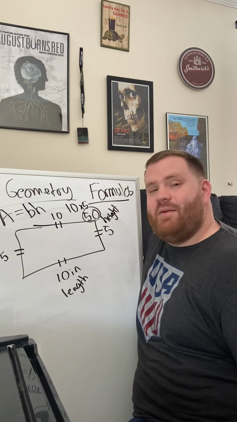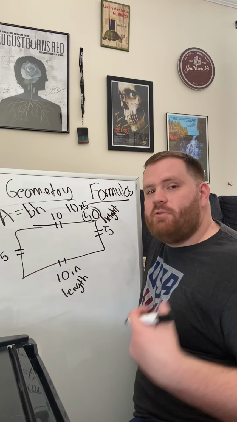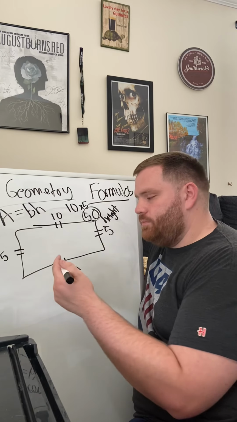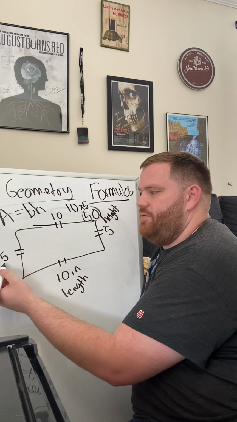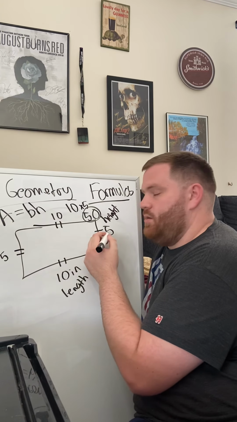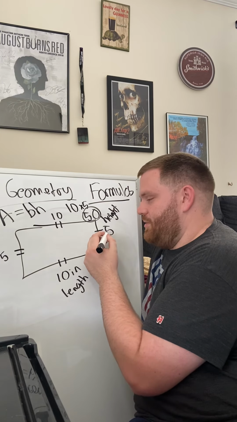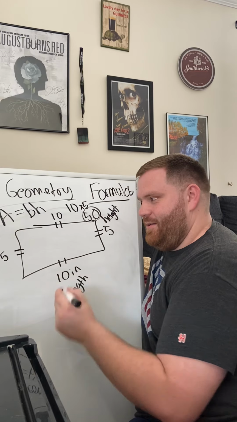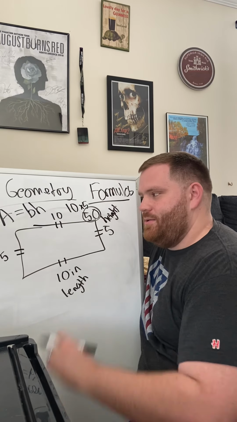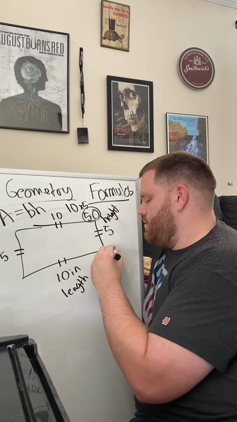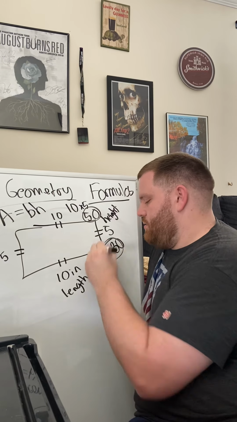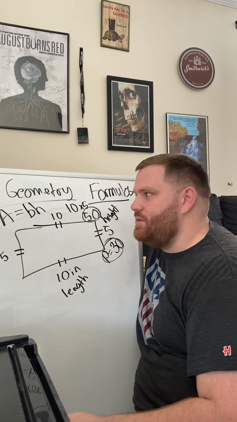And again, perimeter is just the outside. So what I'm going to do is count 5, 15, 20, 30. I count the outside. My perimeter is 30. It's not rocket science, guys. It's really just counting.